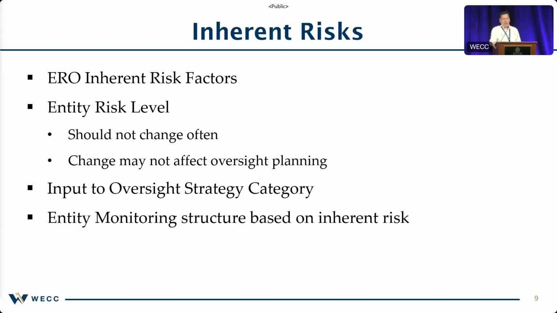That doesn't mean their overall risk to the bulk electric system is going to be high. So we consider those instances differently than if you just have one high risk factor, you're high. That's not necessarily the case. There is a little bit of professional judgment that we still can use.